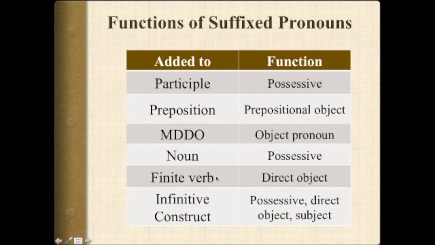With a finite verb, that includes what you will learn later as the perfect, imperfect, imperative, etc., it acts as a direct object. And we're going to be learning about something called the infinitive construct, in which it can be a variety of things: possessive, direct object, subject, etc. Don't worry too much about some of these things that we haven't been introduced to. We'll be coming back to them in future. Just for the moment, just make a note.